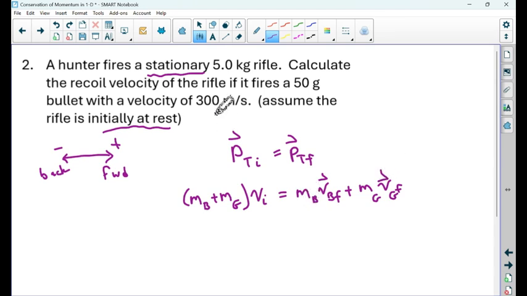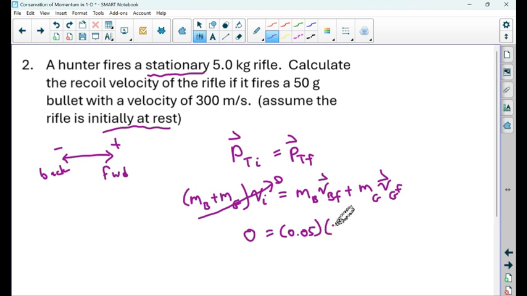Now, are any of these 0 that we can just cross out? Yes, the initial velocity of the bullet and the gun is 0. So I know there's going to be a 0 in there. So this whole term is going to end up being 0. So I'm going to end up with 0 equals the mass of the bullet is 0.05 kilograms. That's 50 grams.